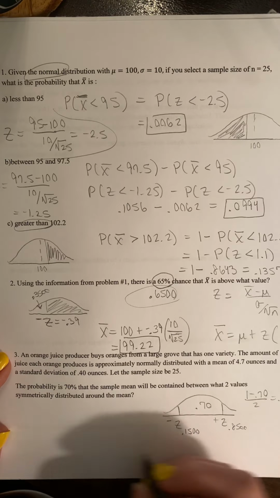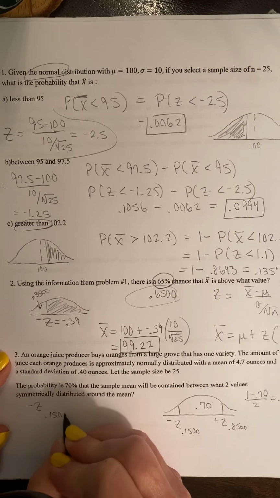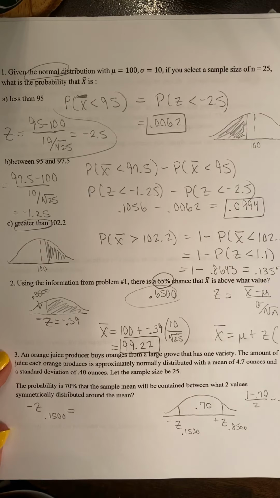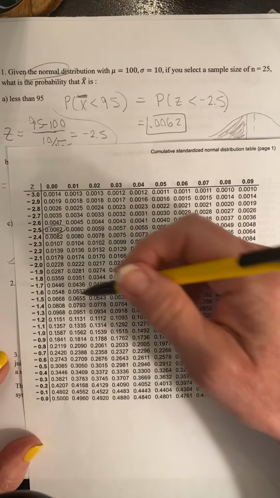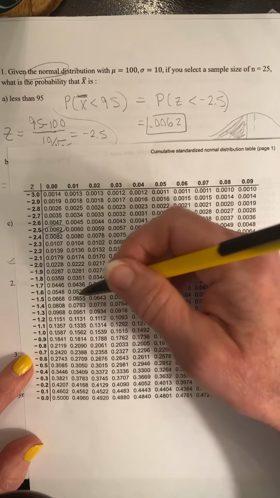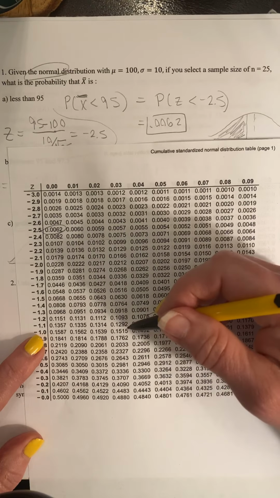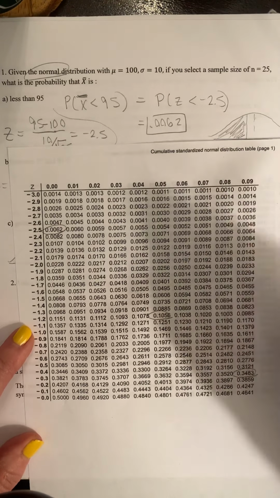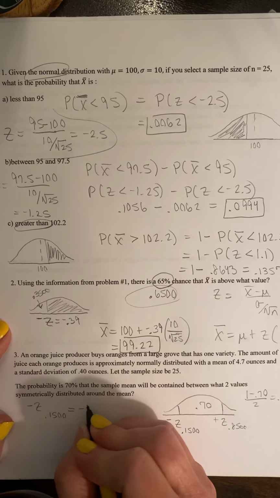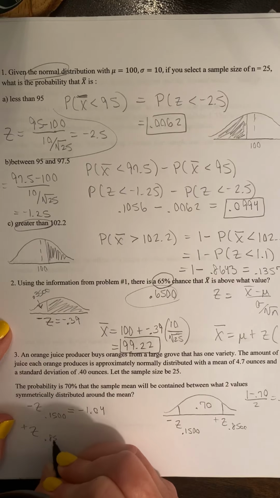So we need to find these z values. The negative z value at 0.1500 from our chart, let's go to the negative side, 0.1500, we got that. Probably going to be closer to here, which would be negative 1.04. Let's go ahead and find that positive z value at 8500.